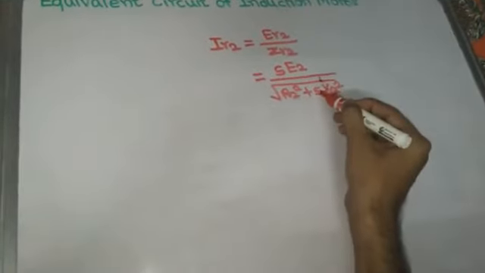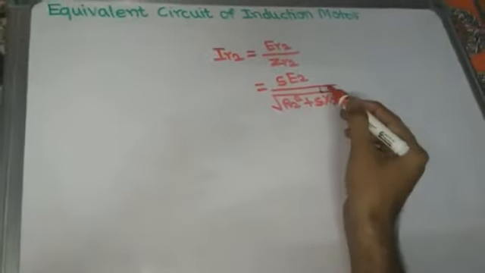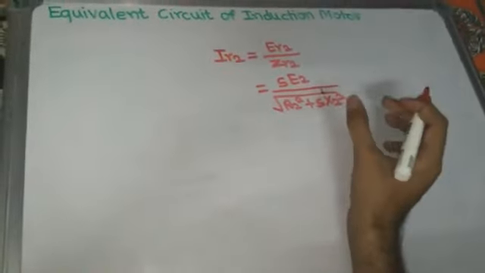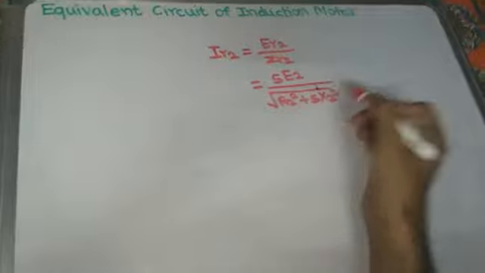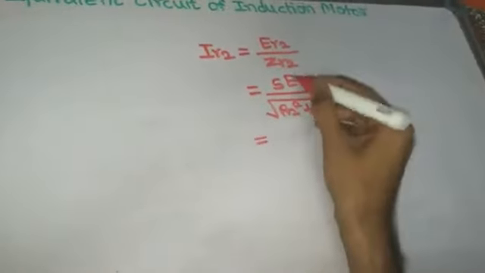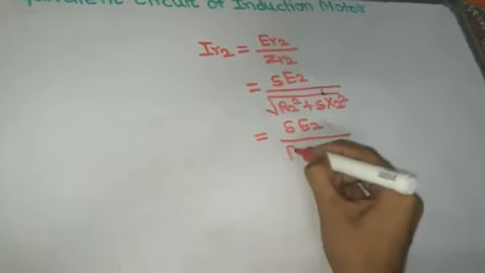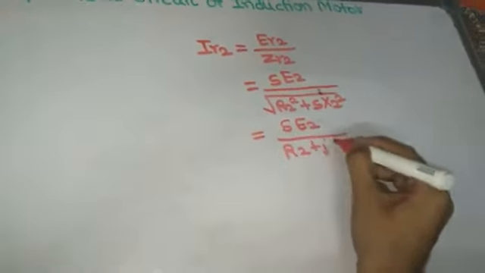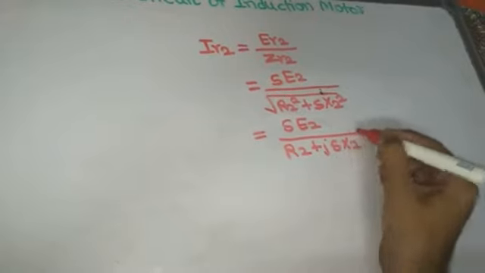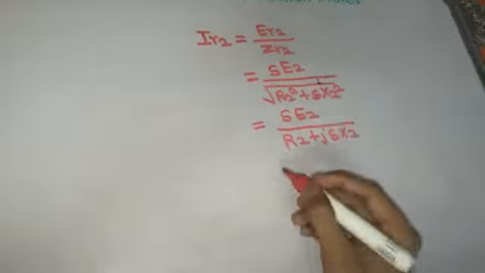But where there is a slip S, S into X2 means XR2, meaning this reactance is in running condition now. And we can also write this equation as S into E2 divided by R2 plus j S X2. Both equations are the same, both are similar.